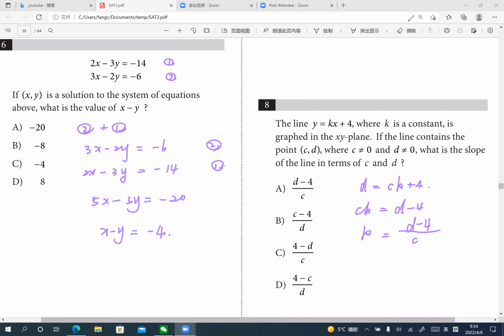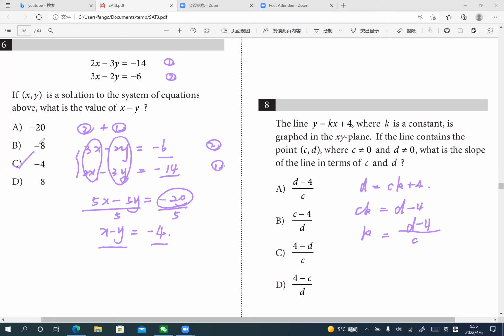If we add the two equations, we get 5x minus 5y equals negative 6 plus negative 14. We get negative 20. So x minus y should be equal to negative 20 divided by 5, which is negative 4. So for question 6, we should choose option C.